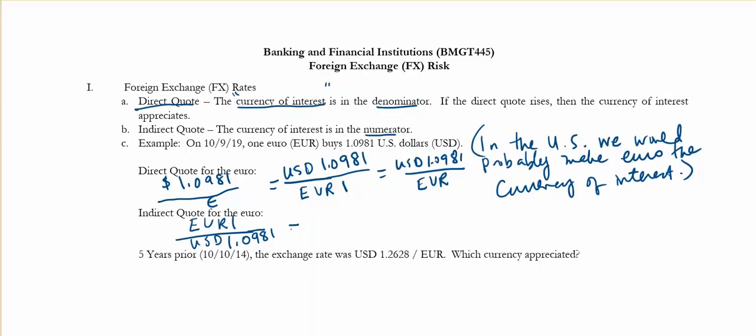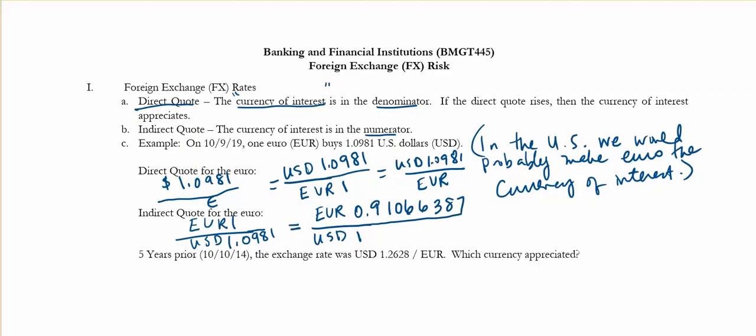Now usually we do not quote ratios this way. We usually like to quote things per 1 unit. So if you're going to use the direct quote, you would have to divide 1 by 1.0981 to get 0.91066387, to be super precise.